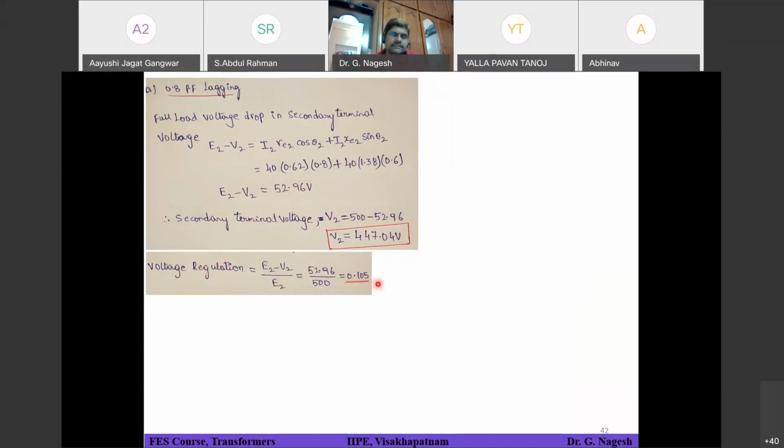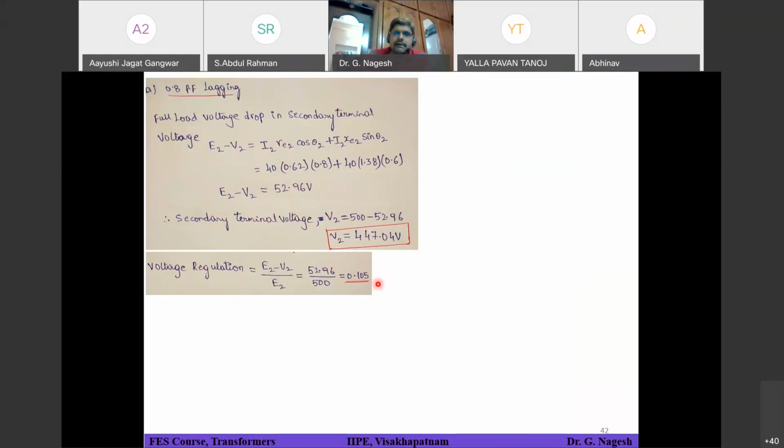If you want percentage, multiply with 100, so it will be something like 10.5. So this is the voltage regulation for 0.8 power factor lagging load. Got it. This much deviation you are going to get for this kind of load for the given transformer. For a distribution transformer, we want this deviation to be as minimum as possible.